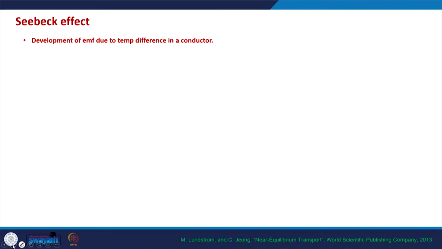So now we have a decent mathematical background of both charge current and heat current in conductors. Now we are in good shape to define one of the most popularly known thermoelectric effects, that is the Seebeck effect. And what is the Seebeck effect?